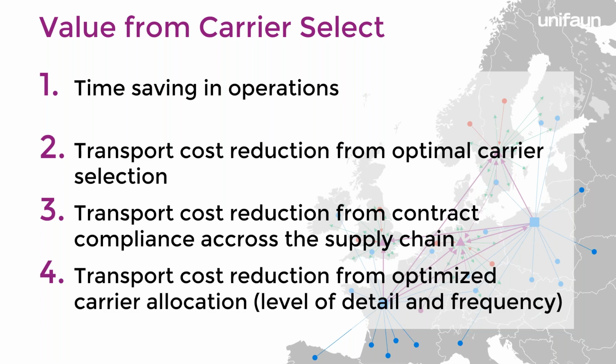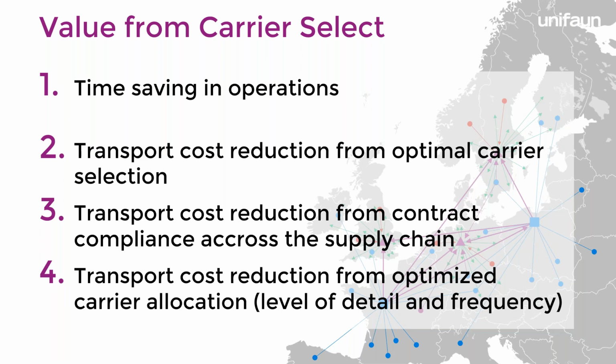Without Carrier Select, the cost of changing carriers, so the transaction cost or the cost of implementing your agreement, is significant in terms of time and work. Most companies would tend to make tenders relatively infrequently. So maybe you do it every 2 or every 3 years.